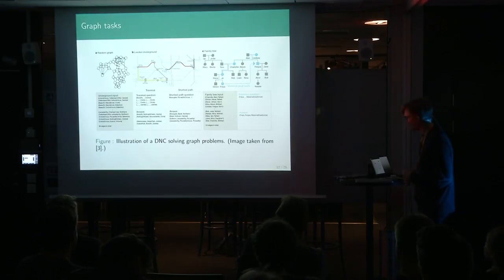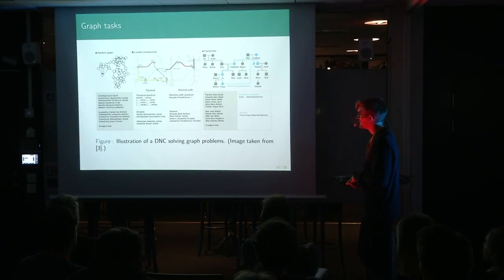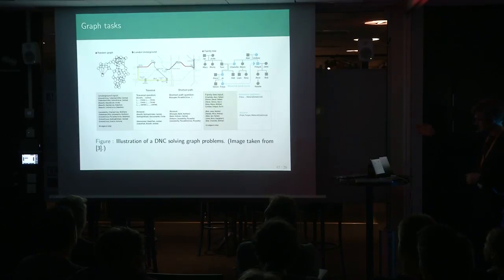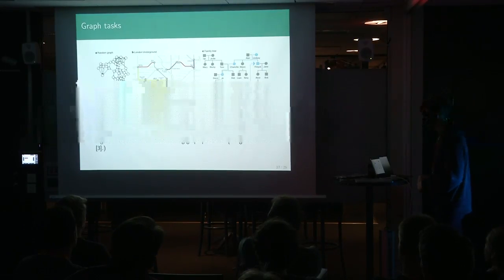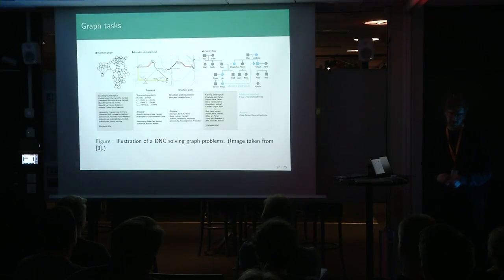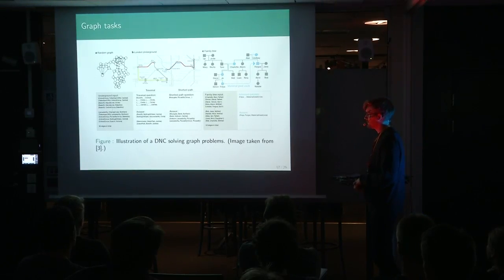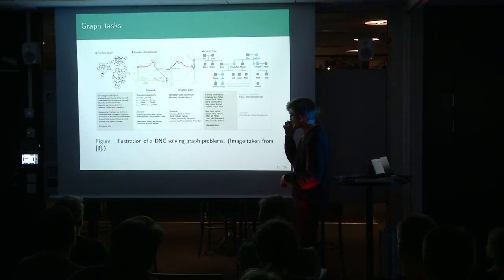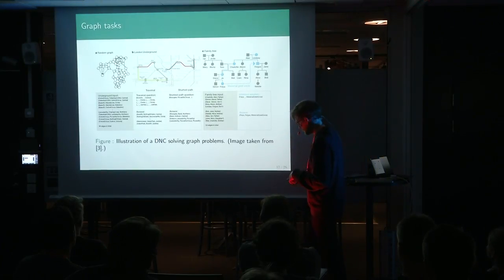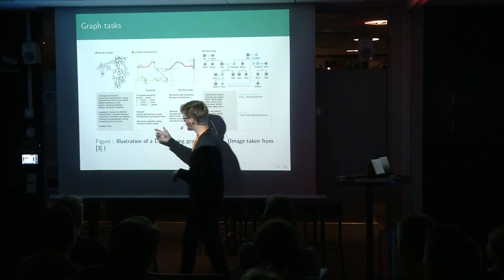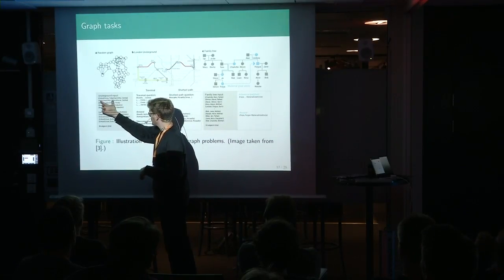Okay, so one experiment I will talk about is the shortest path experiment. There are three different kinds of graph tasks presented in the paper, and I think the hardest one is the shortest path. So what you do in this case is you give the DNC information like this.